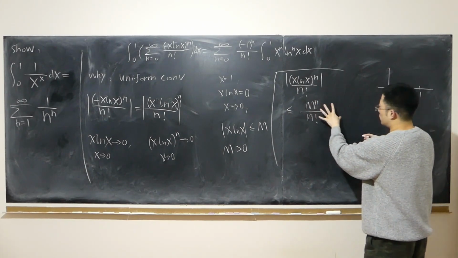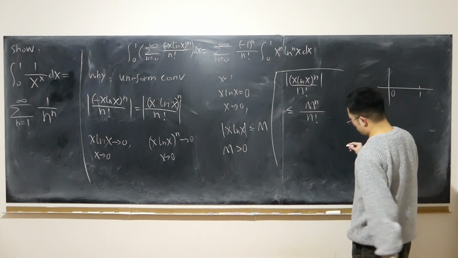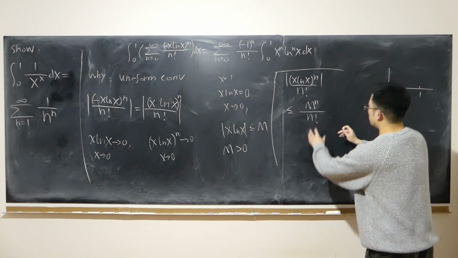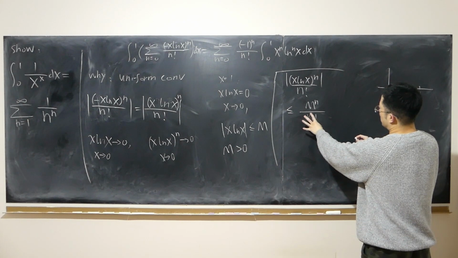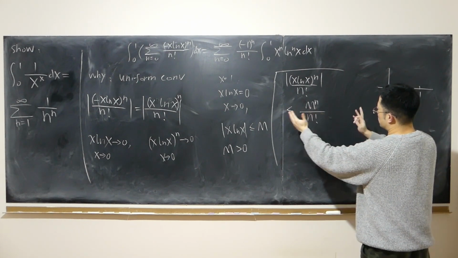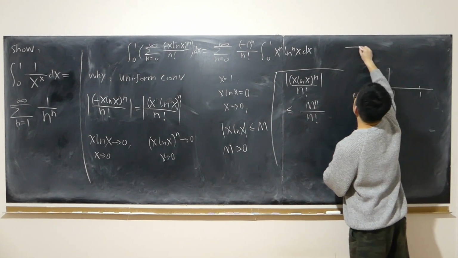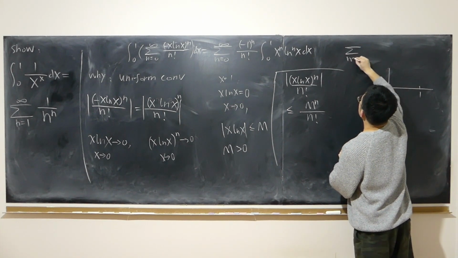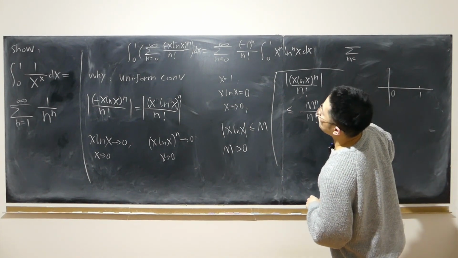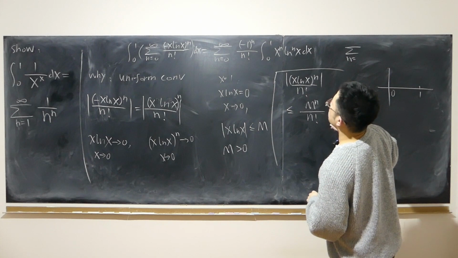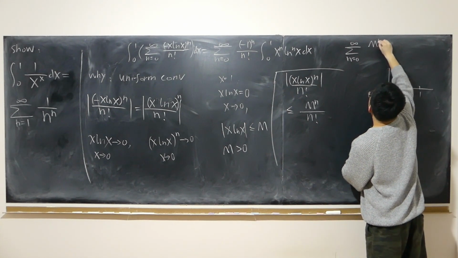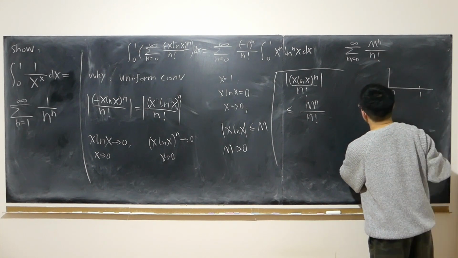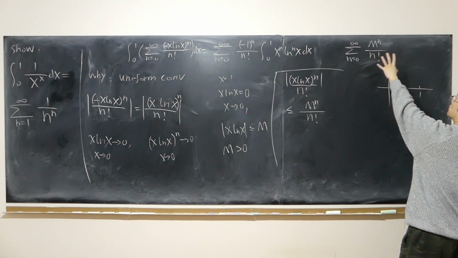So right now I'm looking at the general term of an infinite series, for n from 0 to infinity. How do we determine whether this infinite series is convergent or divergent?